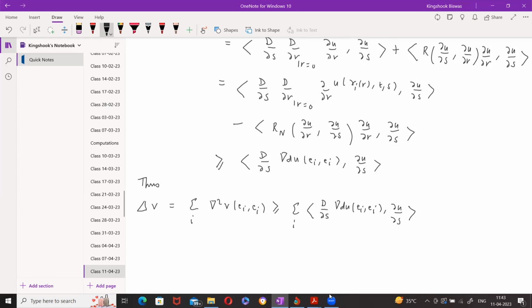This inner product is bilinear and d del s is linear, so I can take the summation inside. Then this becomes d del s of the sum over i, nabla du ei, right?